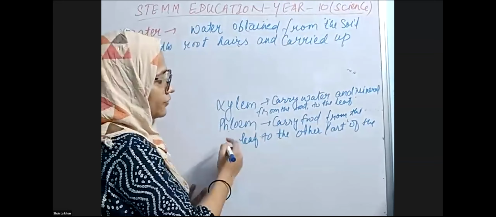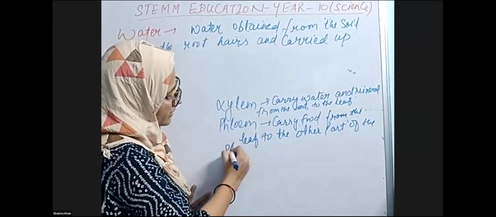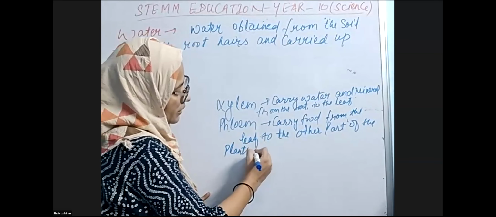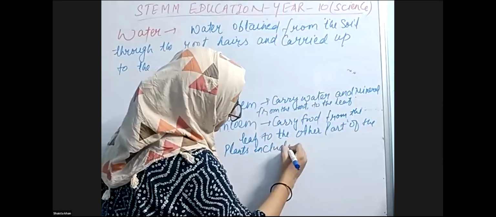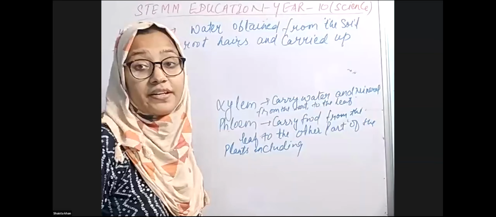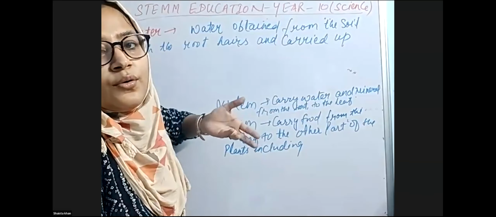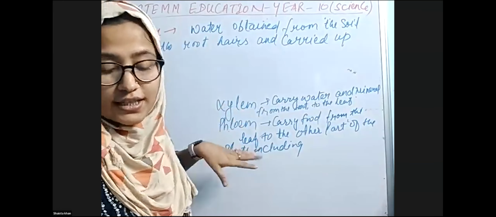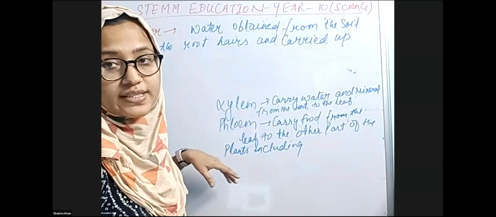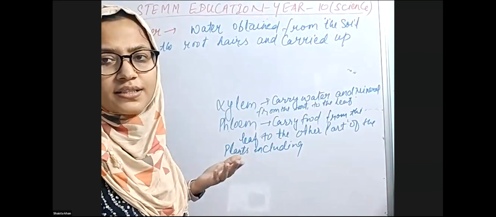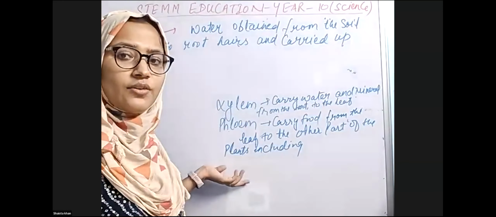Because there are different types of food we eat in the form of roots, for example carrot and radish.